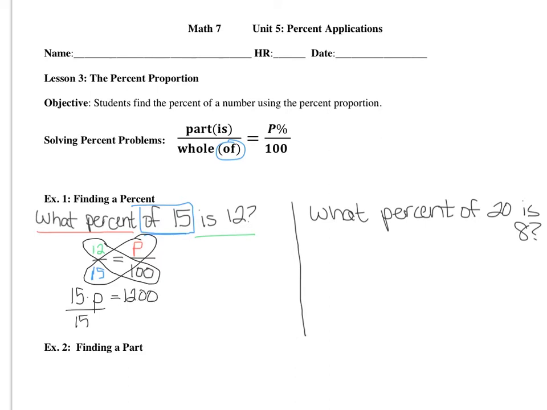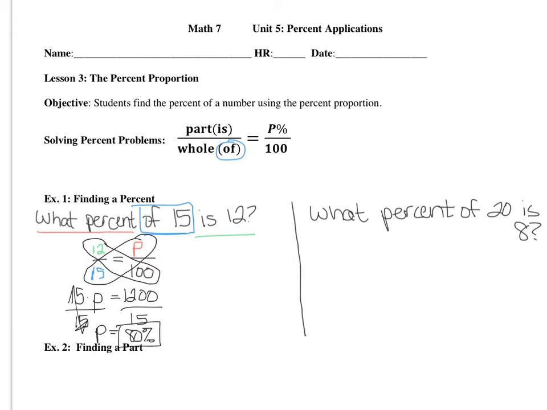And then I'm going to divide both sides by 15. Now this is something you can use your calculator for. So P would be equivalent to 80. Now 80 is not the answer because we're asking for a percent, so I do need to add on that percent sign.